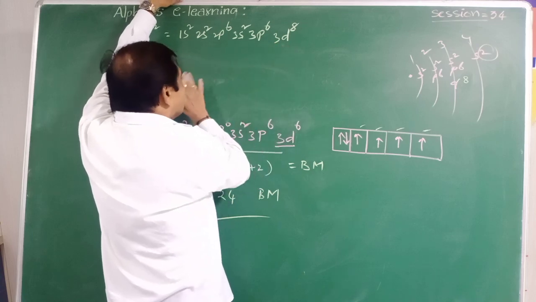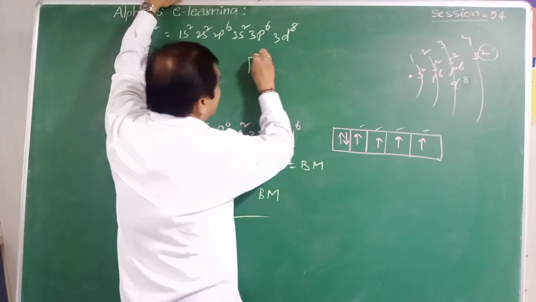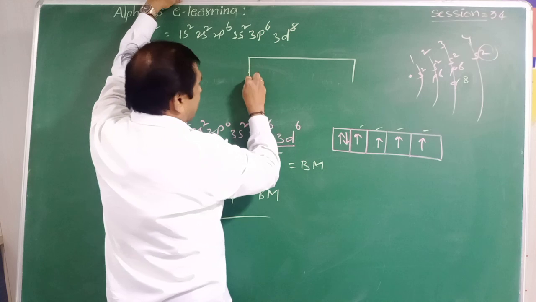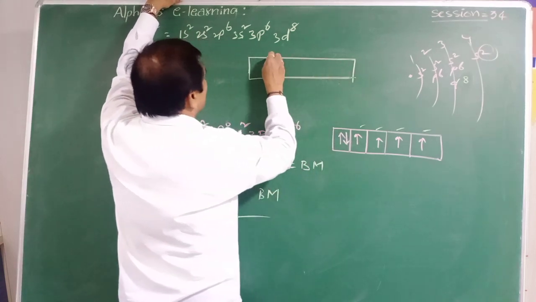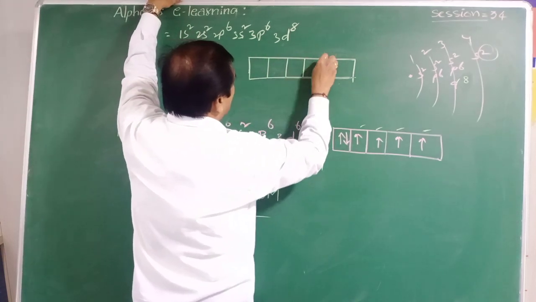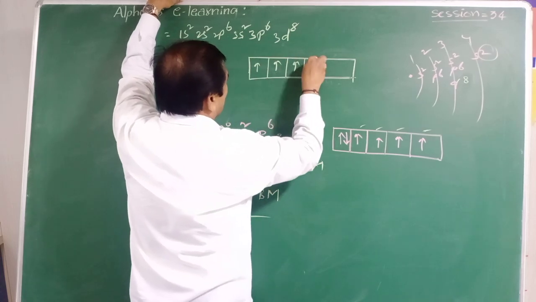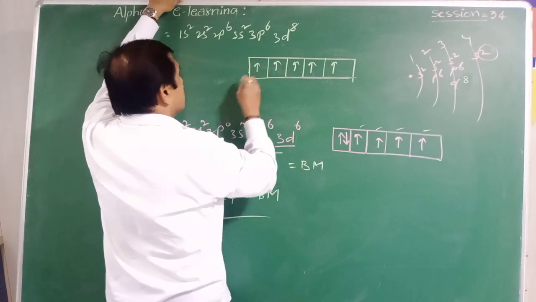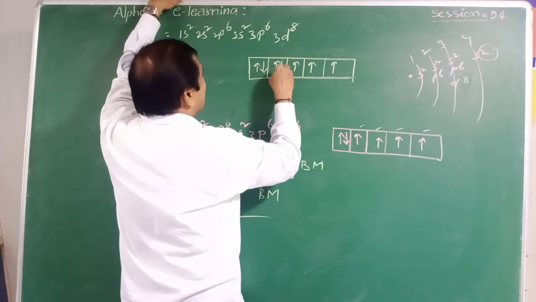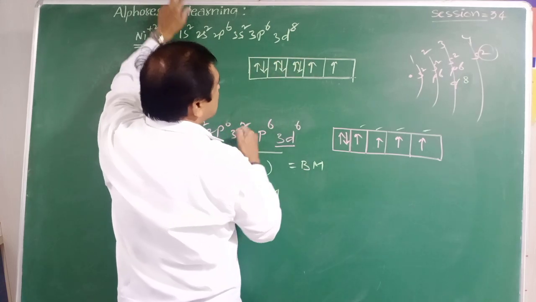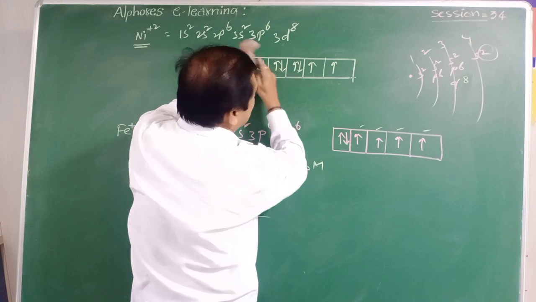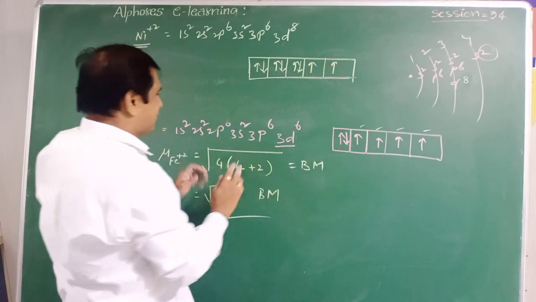Now let us see the details of the d orbital electrons. The d orbitals are 5. For d8, according to Hund's rule, 1, 2, 3, 4, 5, then 6, 7 and 8. So 3 electrons are paired up and 2 unpaired electrons are left.